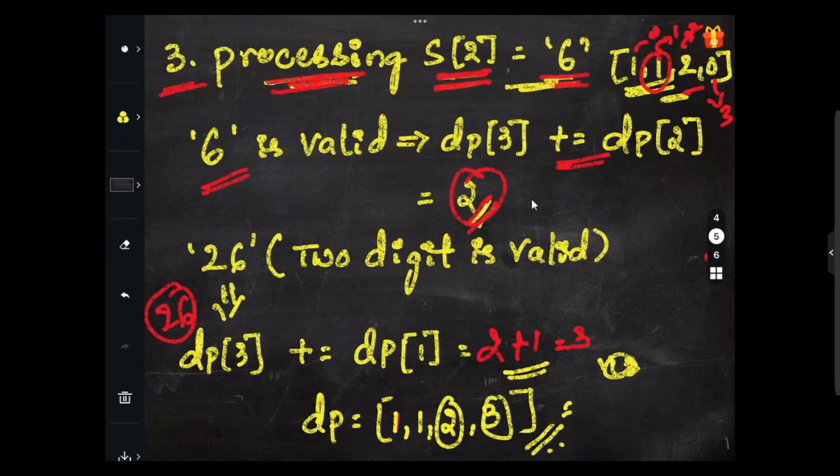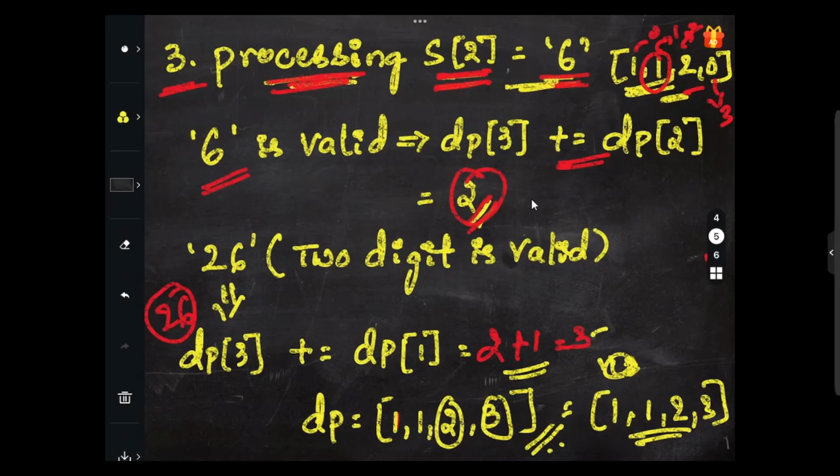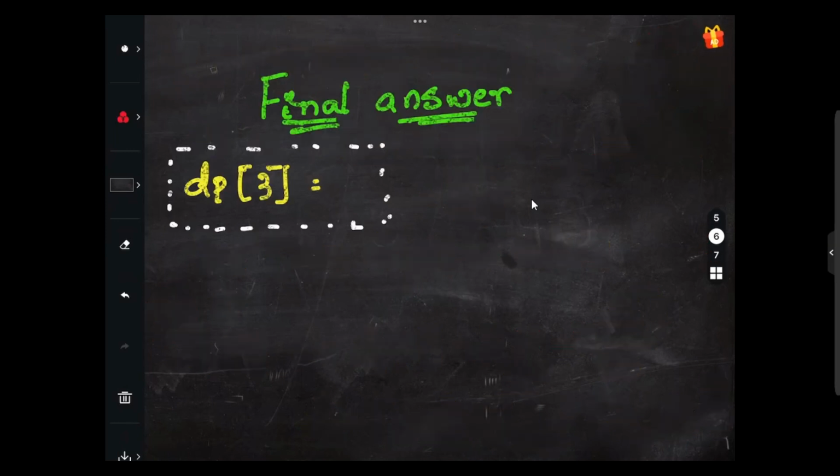Now we have 1, 1, 2 and 3, right? So the final answer, DP of 3 that we got here, is 3. So 2 plus 1 equals 3, and we will return DP of 3 equals 3 in this case.